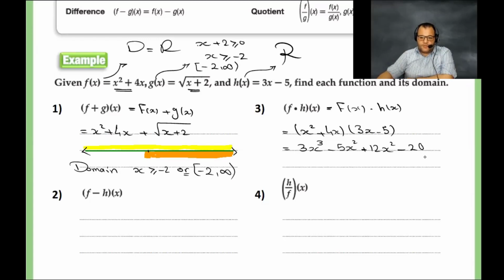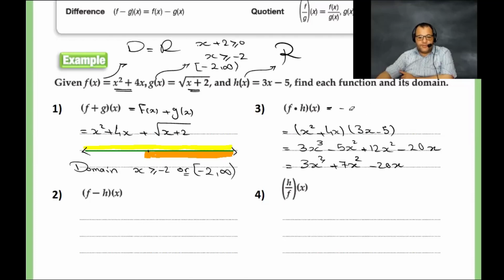Then we got 12 minus 5, so it will be positive 7x squared. So it will be 3x cubed plus 7x squared minus 20x. So the domain now will be, what is the domain?